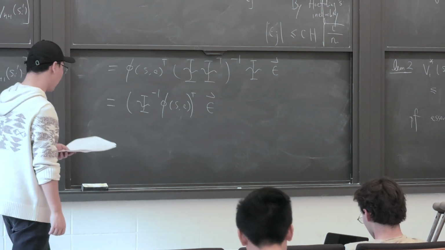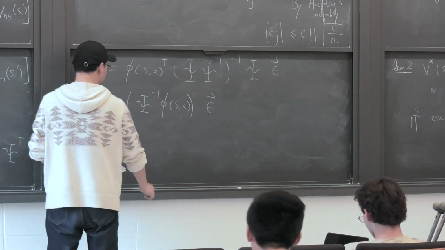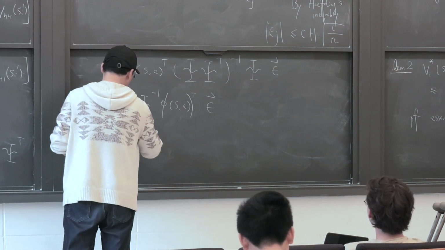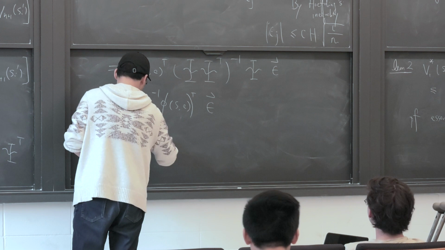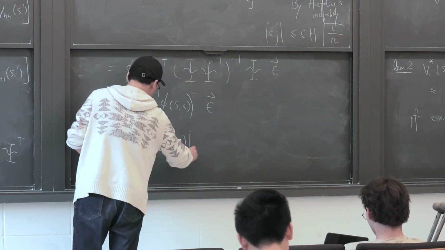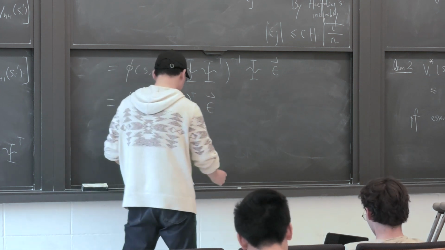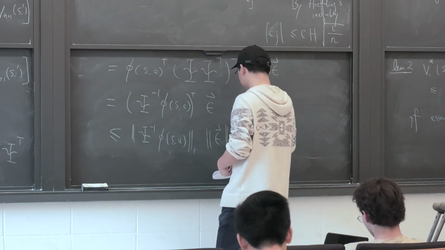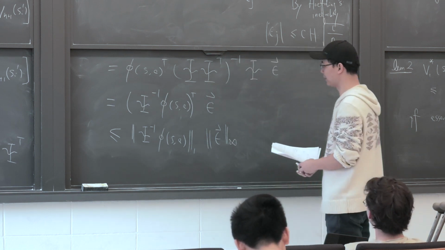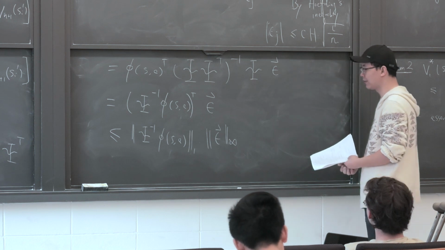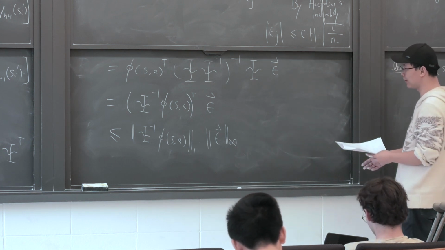And finally, by Hölder's inequality, we can say the inner product of two vectors is upper bounded by the one norm of one vector and the infinity norm of the other vector. Typically we do two norm, but we can also do p norm, q norm, as long as 1 over p plus 1 over q is equal to 1.